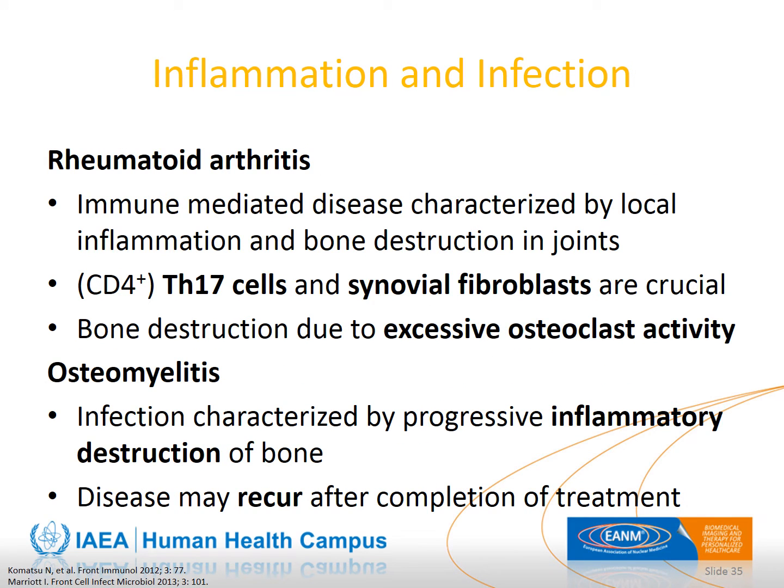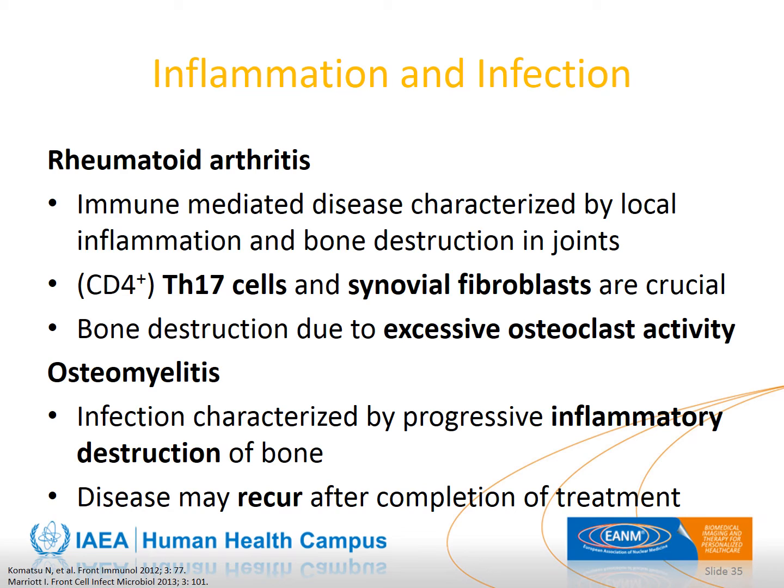In the next slide, we will focus on the mechanisms induced in bone by inflammation and infection, as prototype diseases, rheumatoid arthritis and osteomyelitis will be discussed. Rheumatoid arthritis is an immune-mediated disease that is characterized by local inflammation and bone destruction in joints.